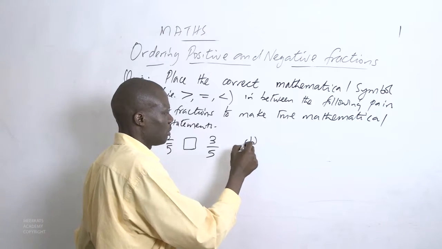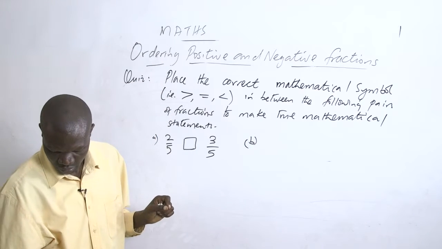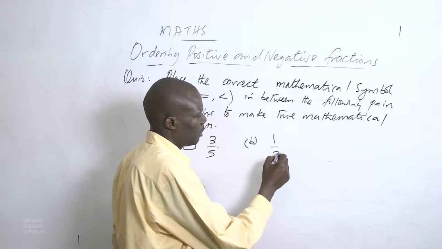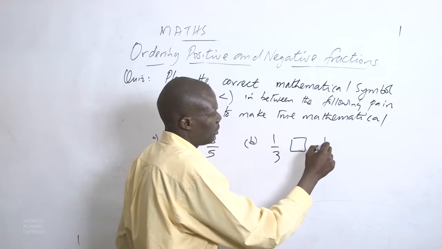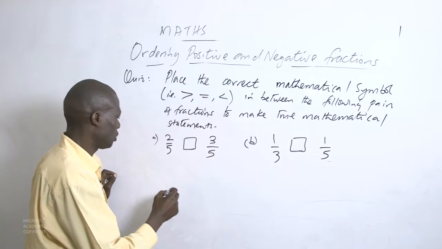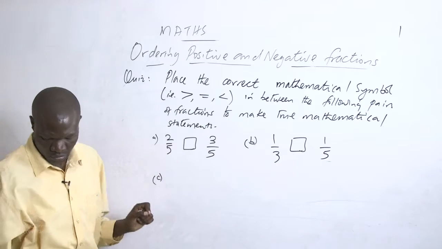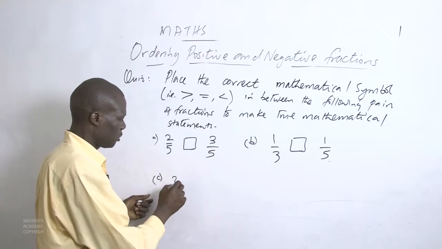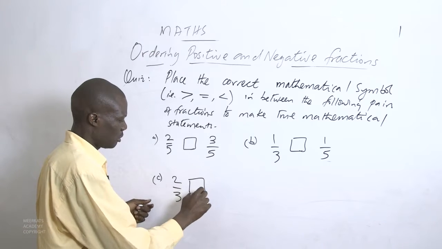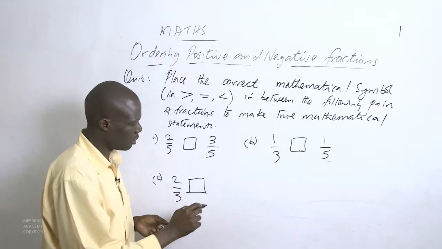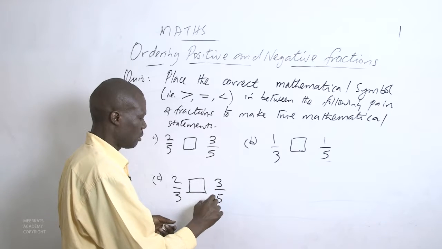Part B, 1 over 3, 1 over 5. Part C, 2 over 3, and 3 over 5.